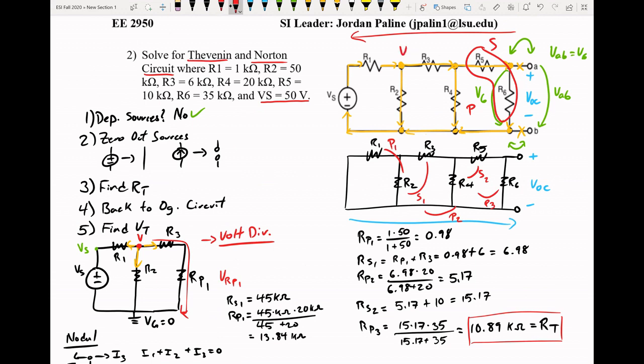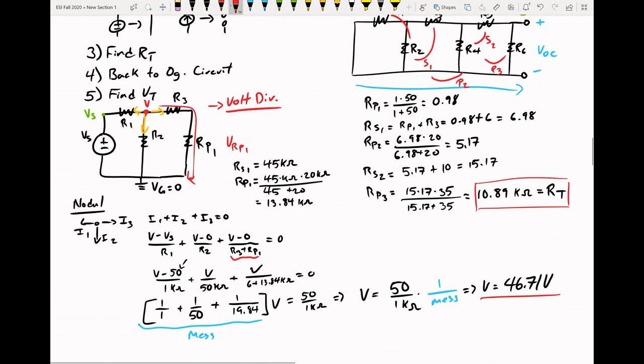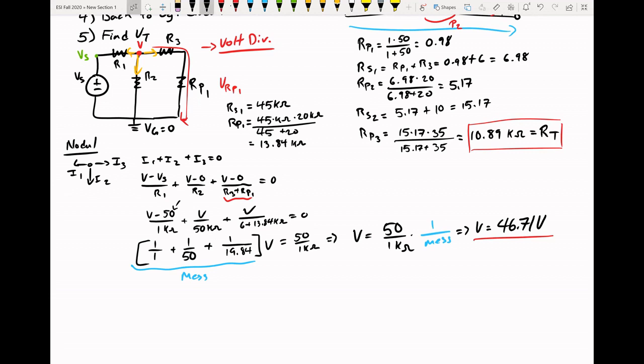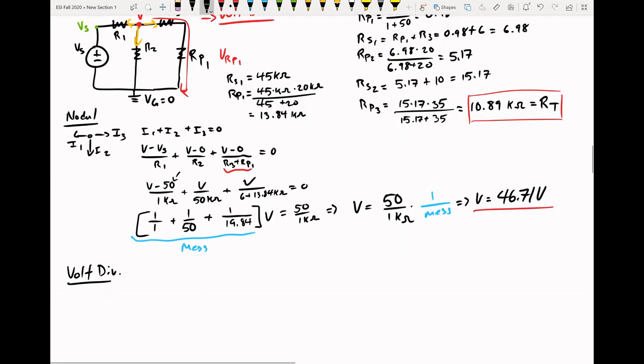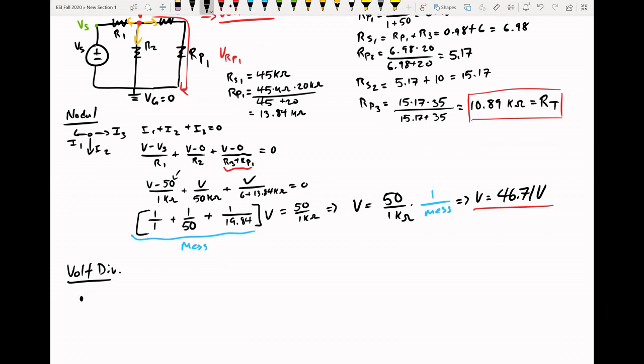Okay, so now that we found that voltage value, let's go ahead and do a branch division. So if we do a voltage division, and I will help you out by drawing this. So this is V. This would be R parallel 1. This would be R3.